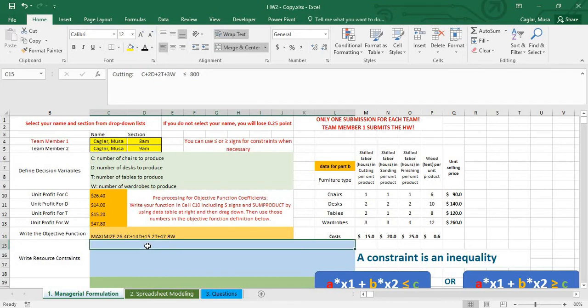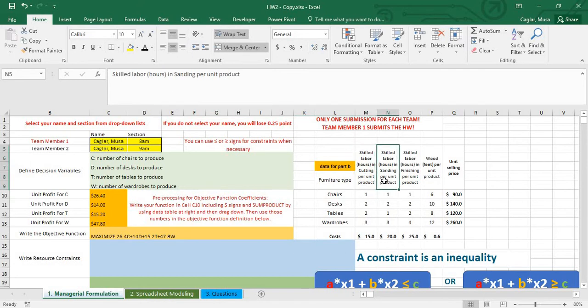Okay. What about resource constraints? So I have 1, 2, 3, 4 resources. For each resource we have some available units which are given in the problem, and for each resource I'm gonna use that resource in chairs, desks, tables, and wardrobes.